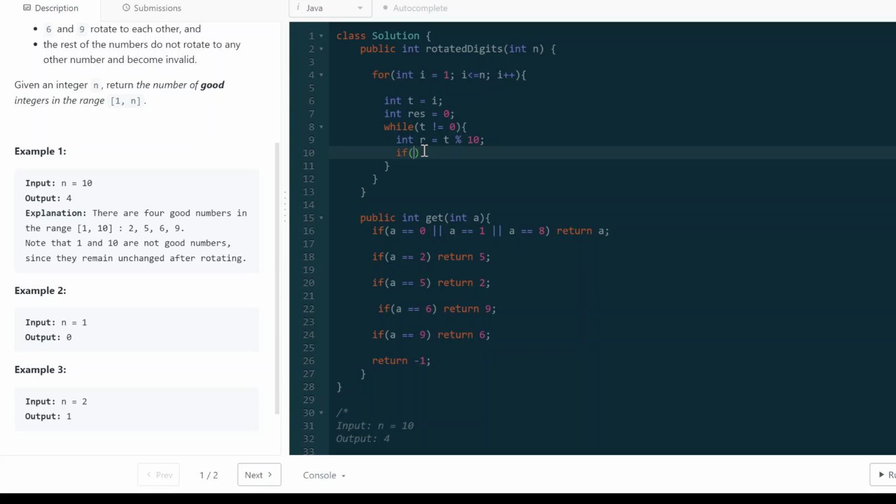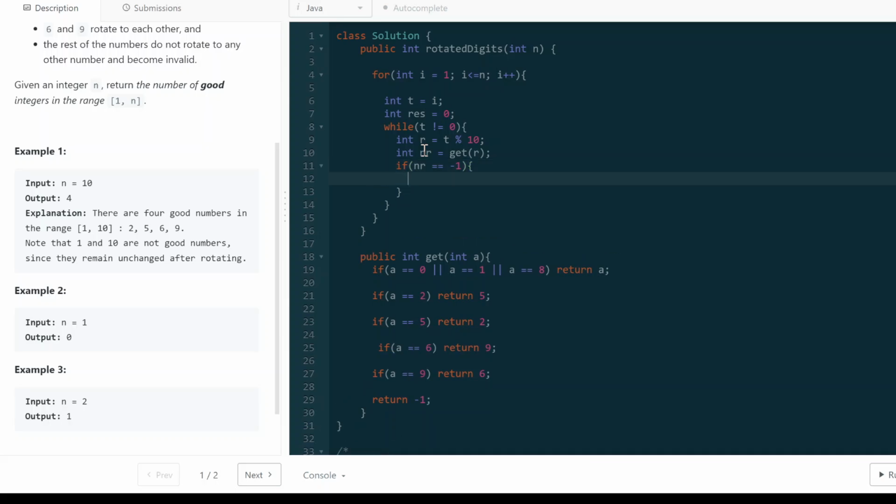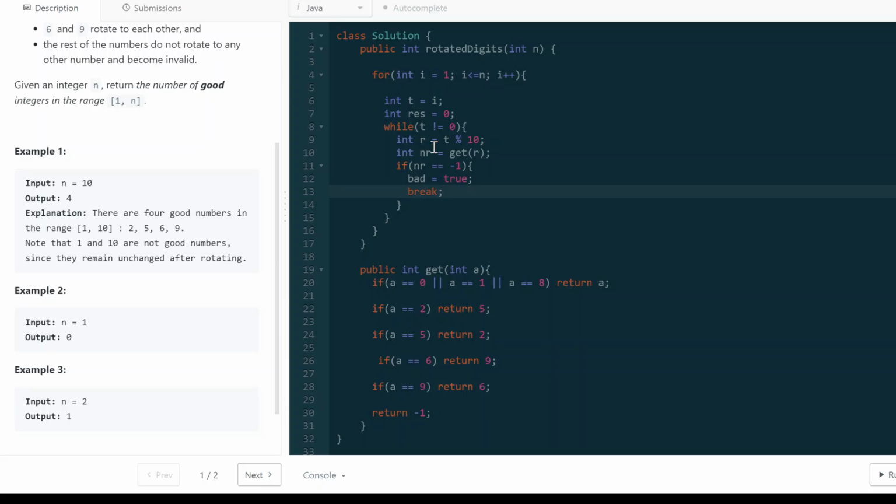And if, okay, int nr is equal to get(r), and if nr equals -1, I'm gonna break. Or maybe I can say bad equals true and then break.